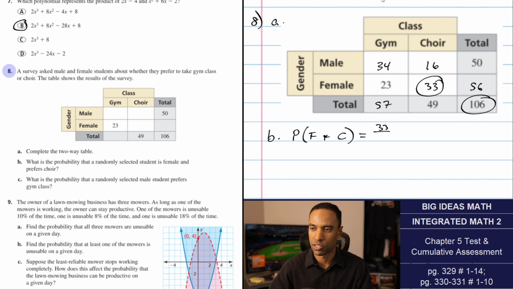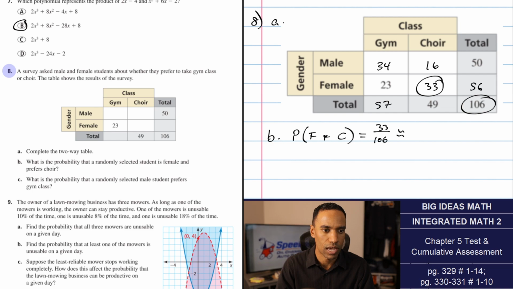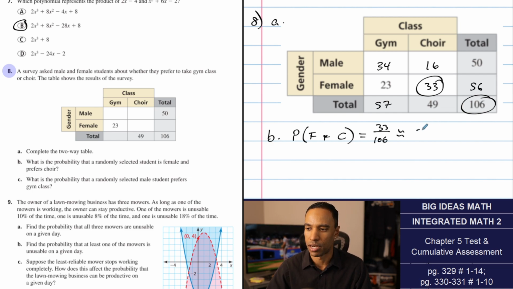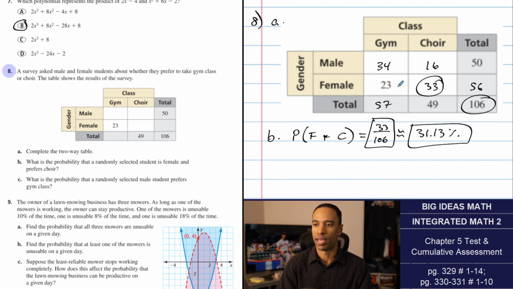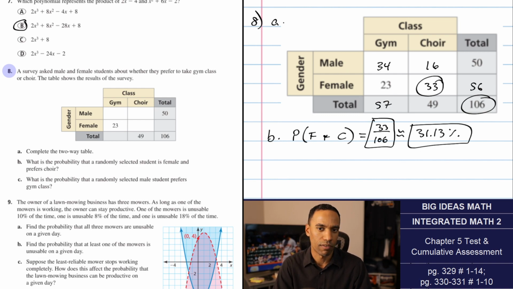We'll go and see what that is in just a moment. 33 divided by 106. I'm getting 31.1%. So boom, right? That's called the joint relative frequency for that one.